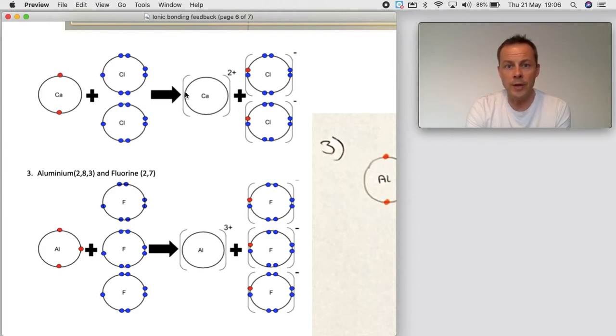And each chloride ion has got a negative charge, and that really results in 2 negative charges which balance out the 2 positive charge. So that would be full marks in a GCSE exam question, and that's exactly what you need to be aiming for.